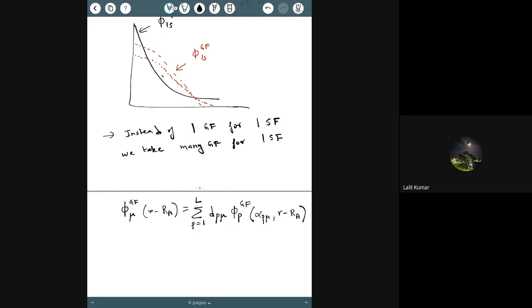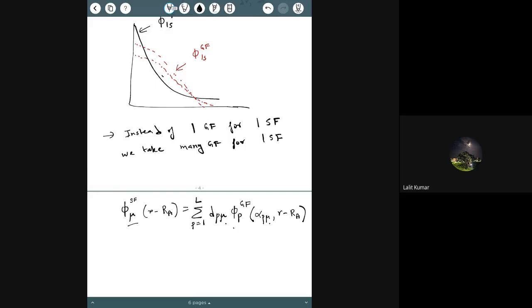So I'm trying to represent the Slater function as a linear combination of Gaussian functions. So this is a Gaussian function for the muth Slater function, so that's why I'm carrying the index mu here.